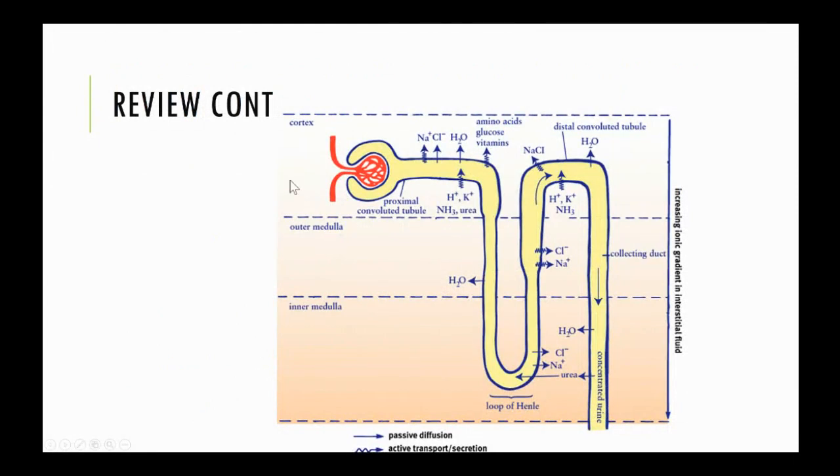So when we look at what's happening, this is the cortex, this is the medulla right here, okay, and so this is the outer layer of our kidney, and then in towards the center, and then the very middle.